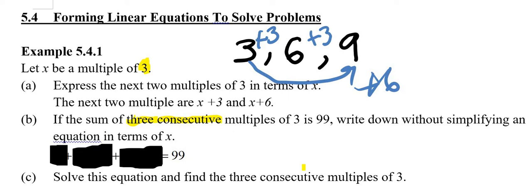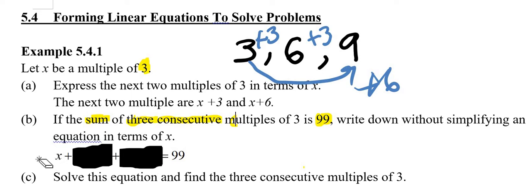Okay, so coming back to B again, if the sum of the 3 consecutive multiples of 3 is 99, write down without simplifying the equation in terms of x. Okay, so just now the first multiple of 3 is x as given in the question. Let me show you.